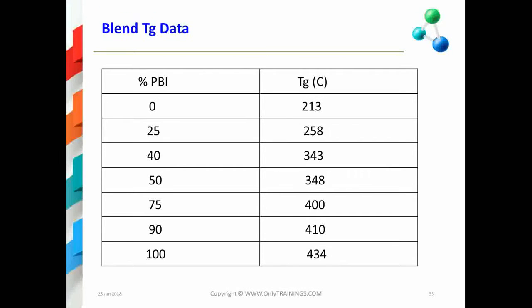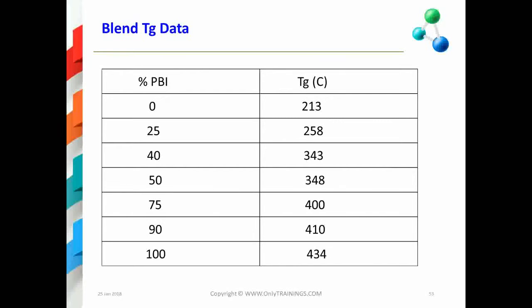The position of the Tg is in fact intermediate to the temperature for the two component materials. The occurrence of a single Tg in all of these blends shows that miscible blends of the PBI and PEI have been produced for all the blend compositions that were studied in this particular case study and this work.